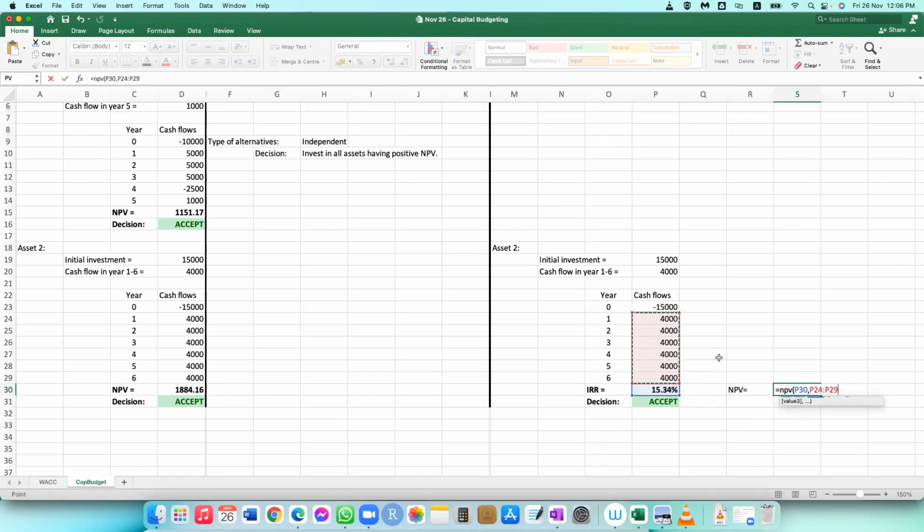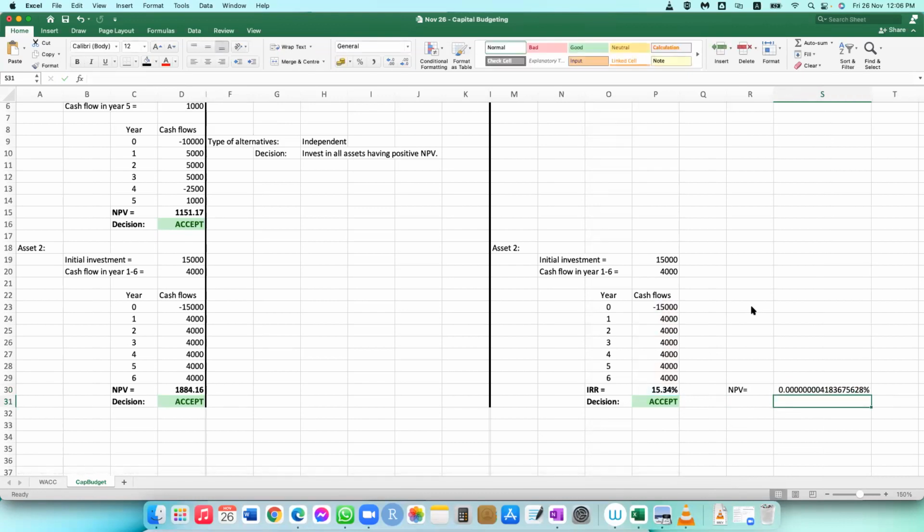Remember, in NPV you don't take the value of year 0, but in IRR you take all. Close, then plus the negative investment, negative cash flow of year 0. Let us press enter, and you can see it is actually very close to 0. You cannot get precisely 0, but it is quite insignificant.